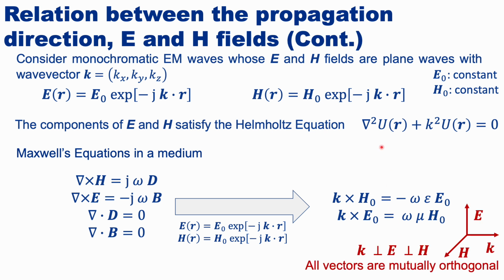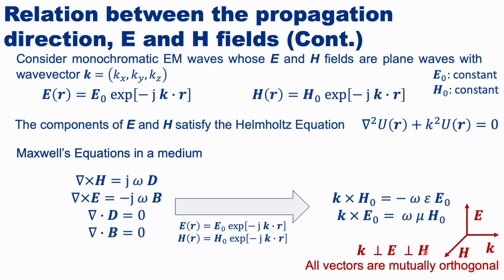These equations, the relationship of the propagation of the plane wave with respect to the magnetic and electric fields, tell us that the direction of the propagating beam, the electric field and the magnetic field are mutually orthogonal.